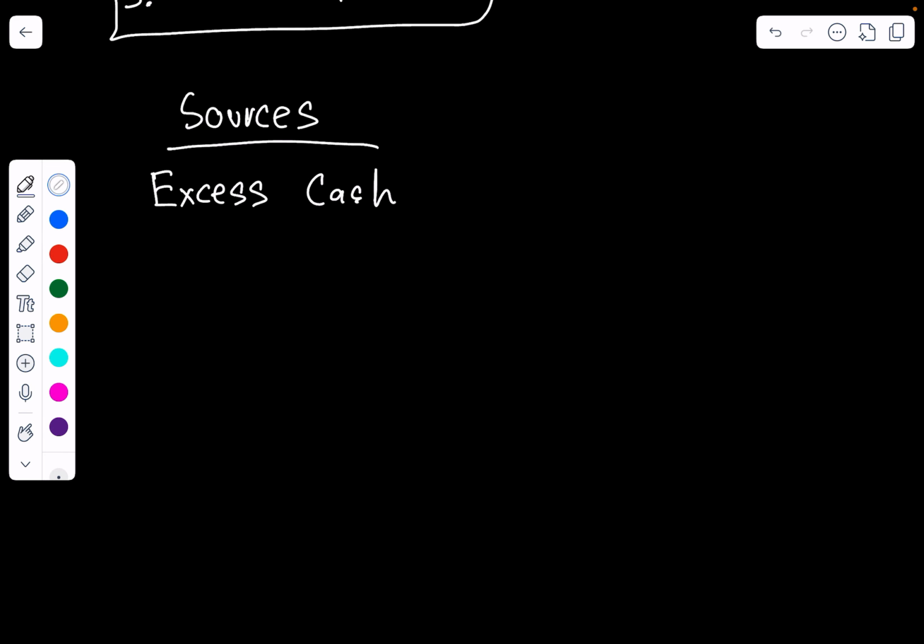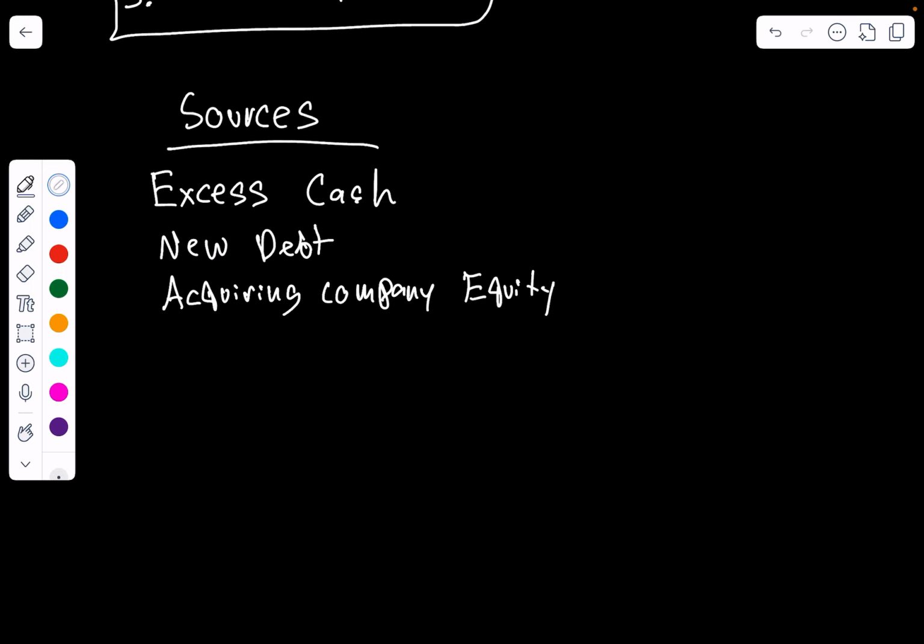If there's any new debt being issued to finance this transaction, that's going to be another source of funds. Something else is the acquiring company's equity. If we're giving up some amount of equity to finance this transaction, that's going to be another source.